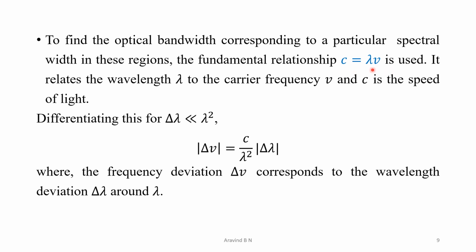This relation relates the wavelength lambda to the carrier frequency ν. The term c represents the speed of light. Now differentiating this expression, for delta lambda much less than lambda, we get |Δν| = (c/λ²) Δλ, where the frequency deviation delta ν corresponds to the wavelength deviation delta lambda around lambda.